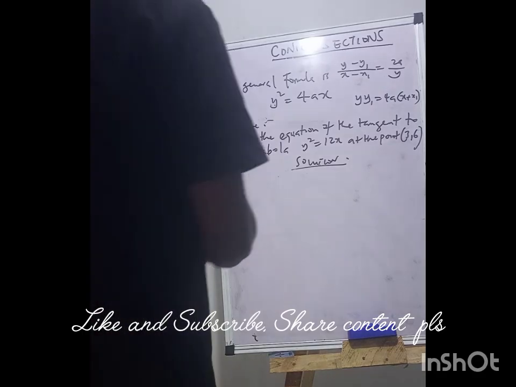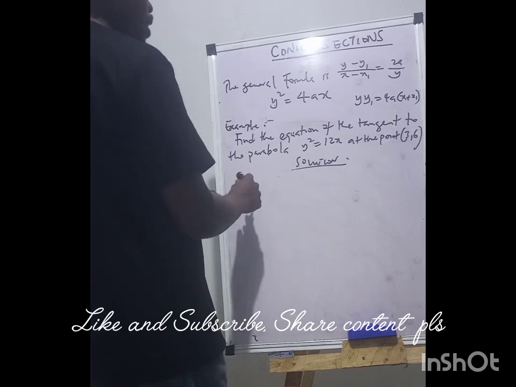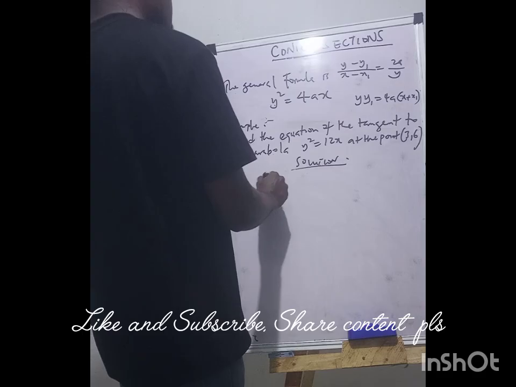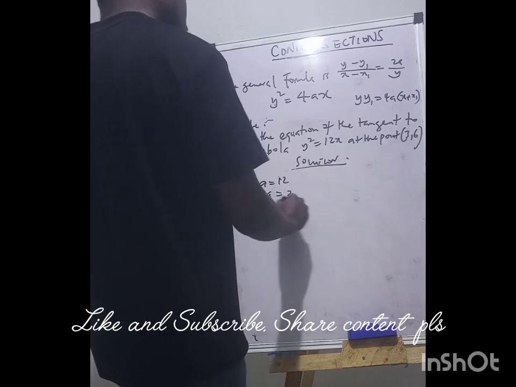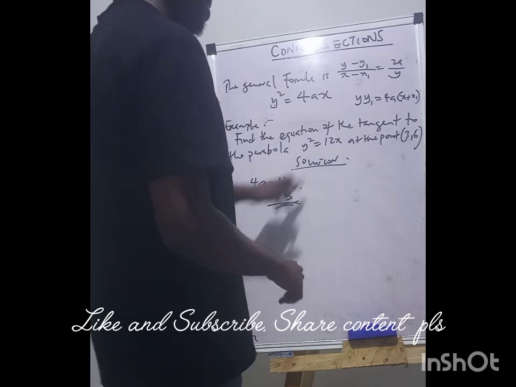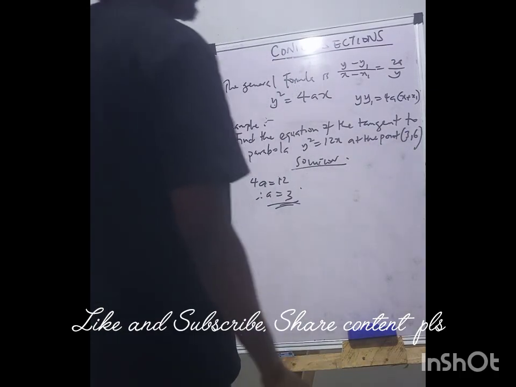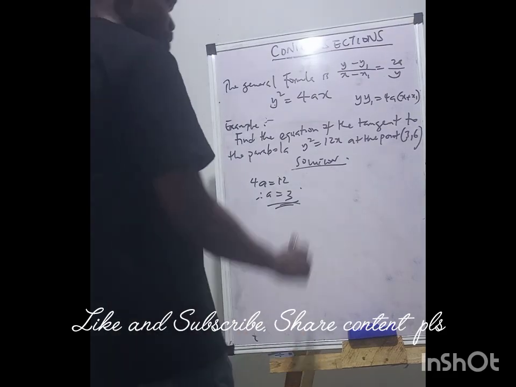Alright. So quickly, I want to resolve this equation of the tangent to the parabola. Naturally, 4a is equal to 12. Therefore, a is equal to 3. Take my value of a as 3. Now the point is (3, 6).